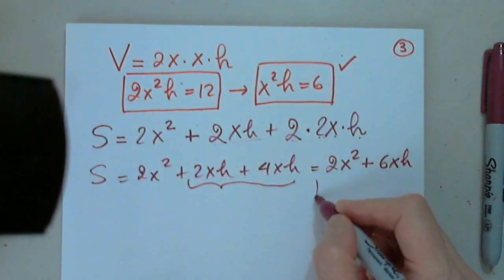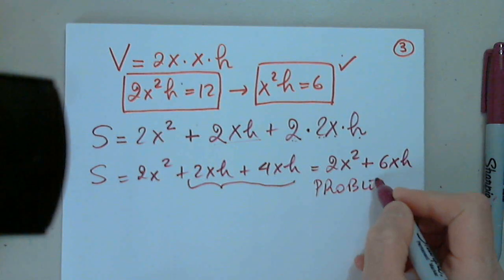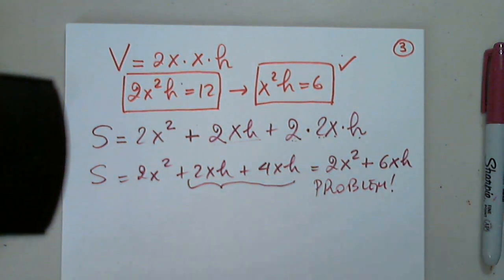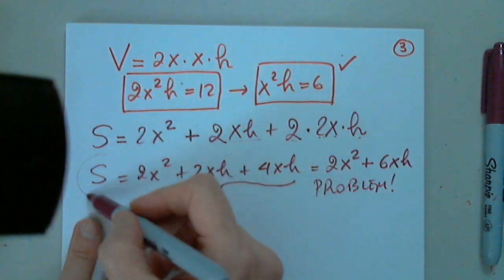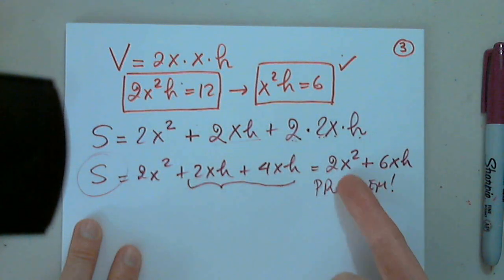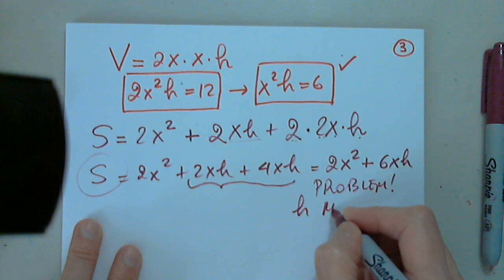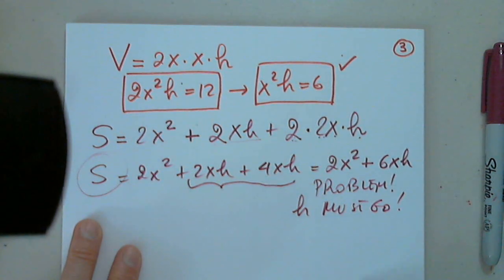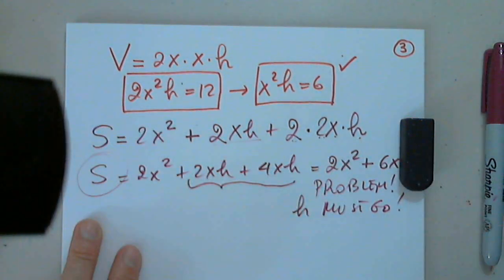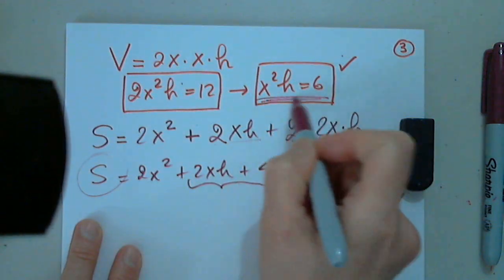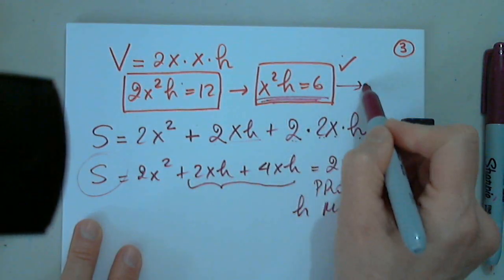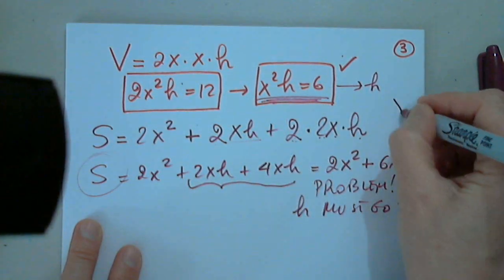So I have a problem. And the problem is that this function has x in it, but also h. H must go. Well, I can't erase it. I have this equation from which I can find h and then plug it in.